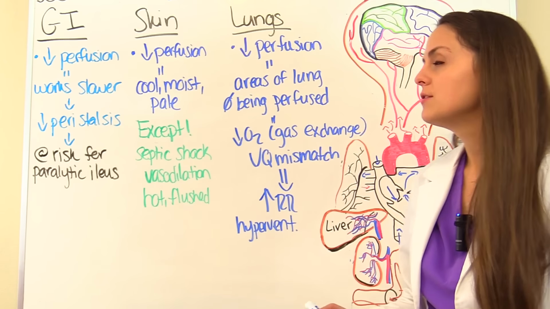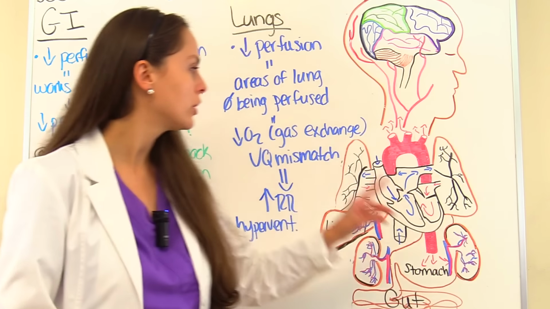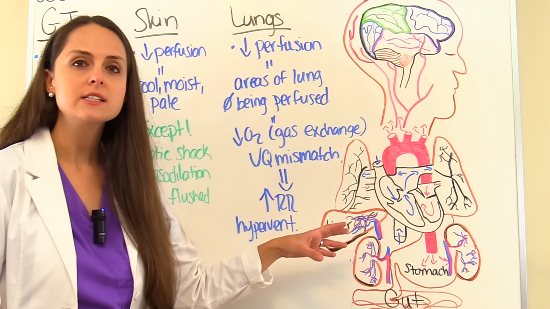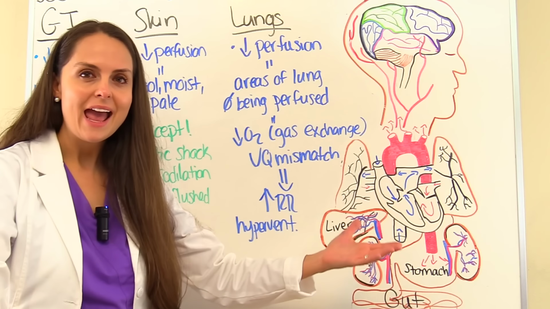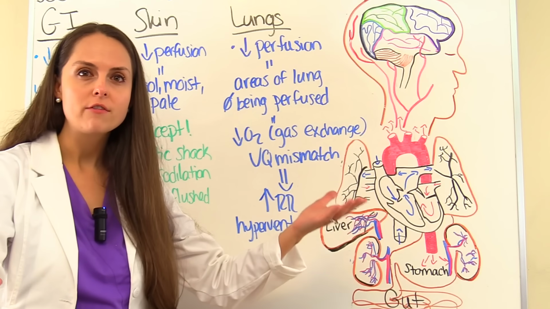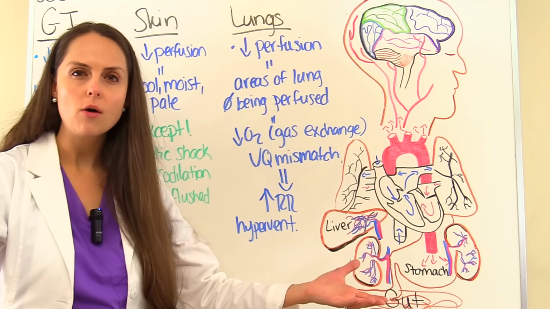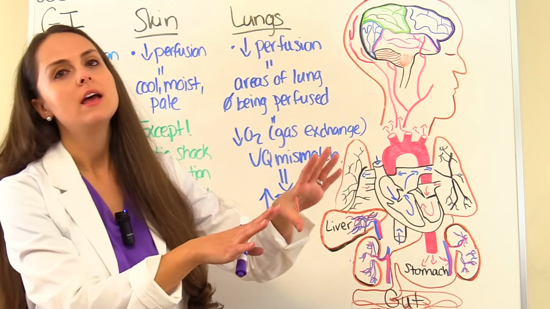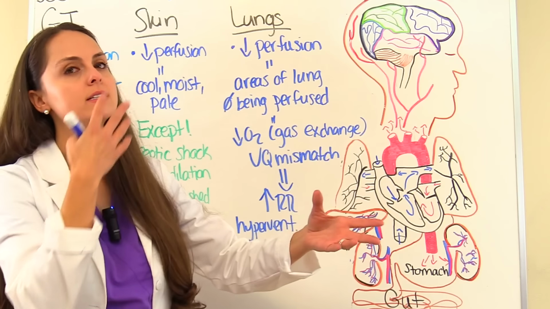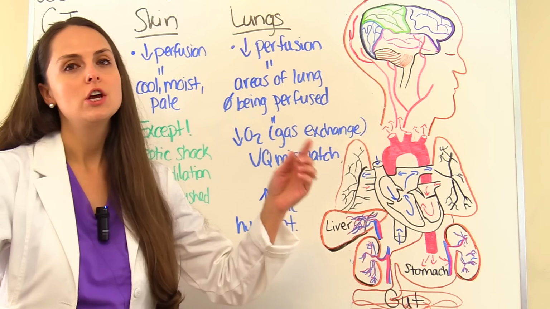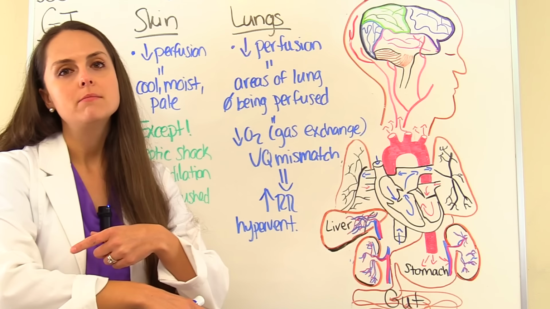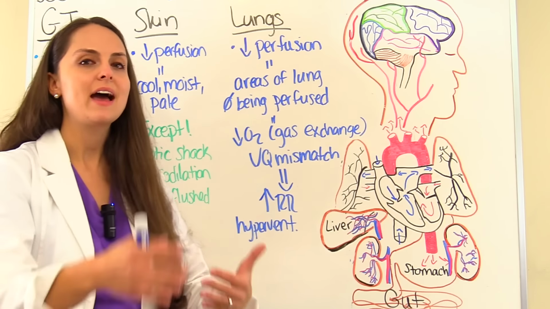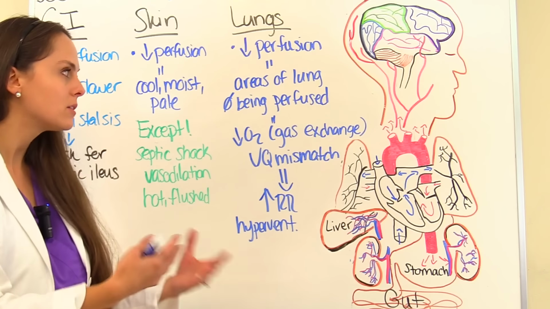The lungs, if you have decreased perfusion going to the lungs, well, certain areas of this lung tissue aren't going to be perfused. And our lungs are very vascular because they help play a role with gas exchange. If we're not perfusing certain areas of the lungs, whenever the person goes in to breathe to take that oxygen to transfer across that capillary membrane, if that's not there to happen, you're not going to have that gas exchange occurring because it's not being perfused.